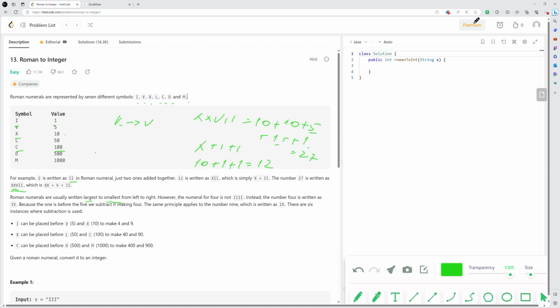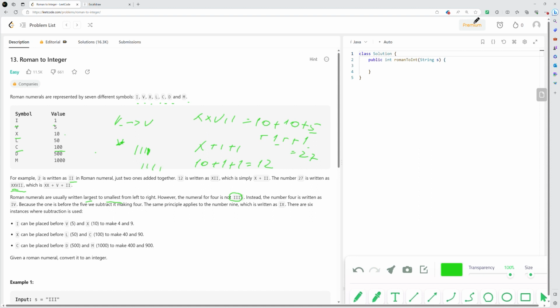However, there are a few exceptions. The numeral for 4 is not four I's. The maximum number of continuous symbols that we can use is 3. So you can have 3 I's, but not 4.